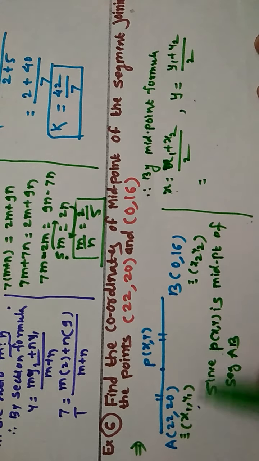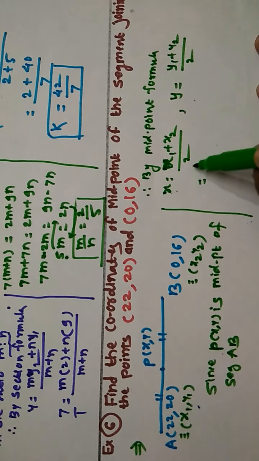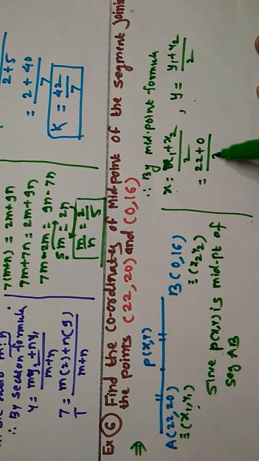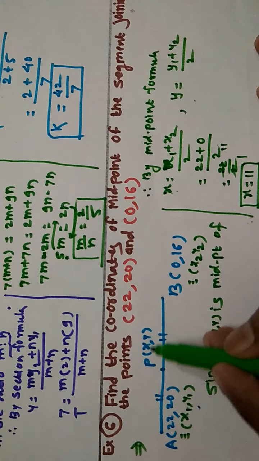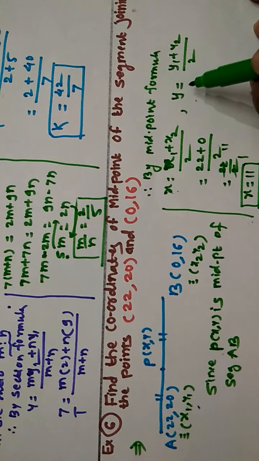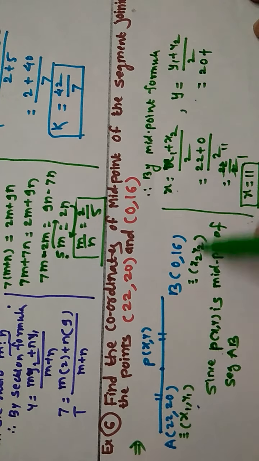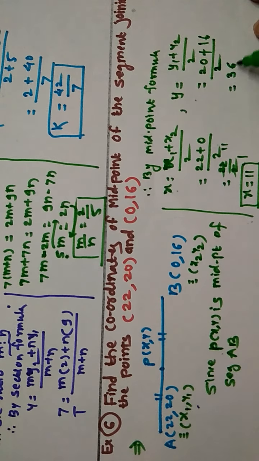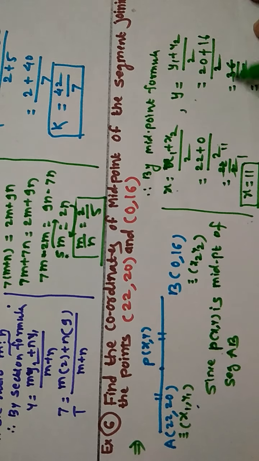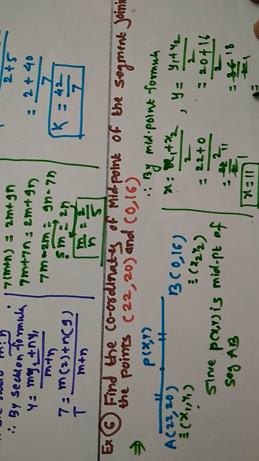Now substitute the respective values of x1 and x2: 22 plus 0 upon 2 means 22 upon 2. On dividing we get x is equal to 11. Now we substitute the values of y1 and y2: 20 plus 16 upon 2 means 36 upon 2. On dividing we get y is equal to 18.